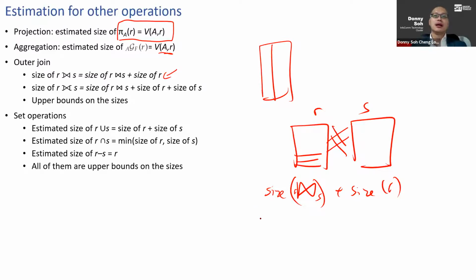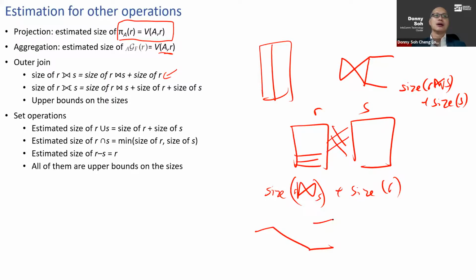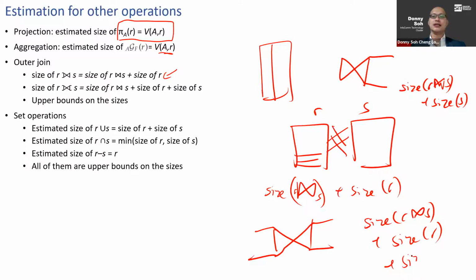This is the left outer join. Conversely, if we do the right outer join, this will be the size of R joined with S plus the size of S. And if we do the full outer join, it will be the size of R joined with S plus the size of R plus the size of S.